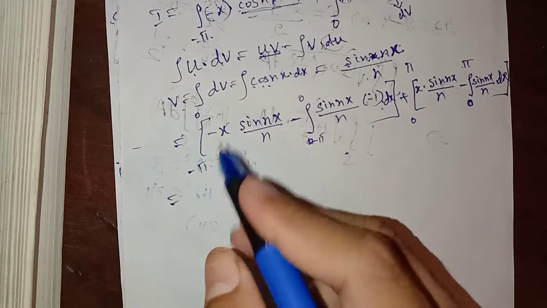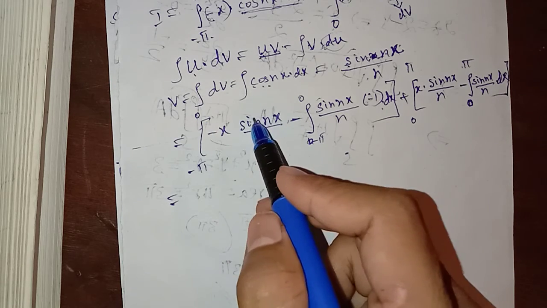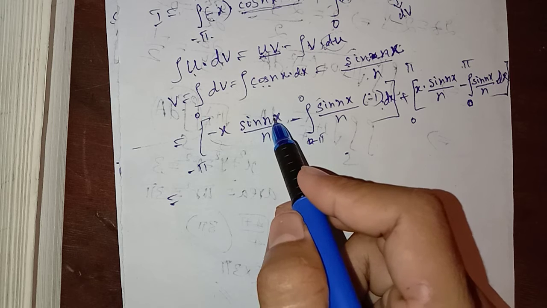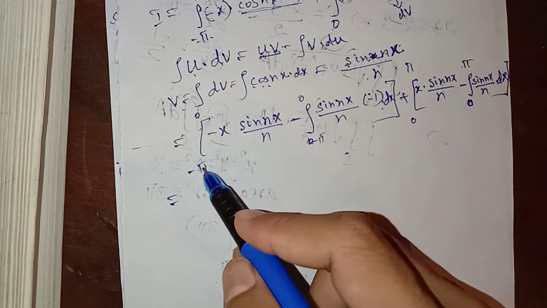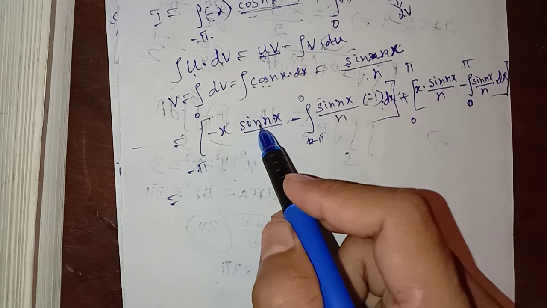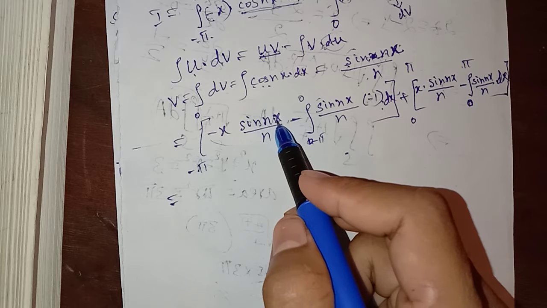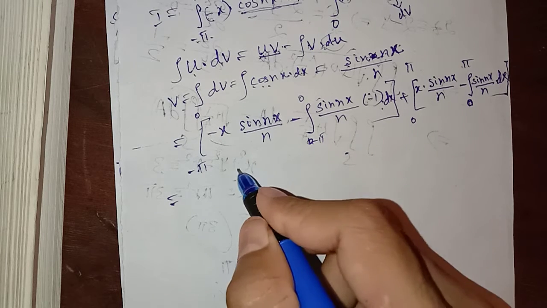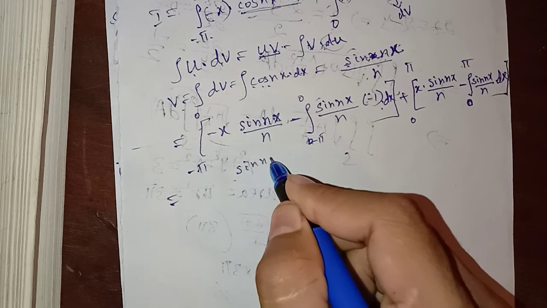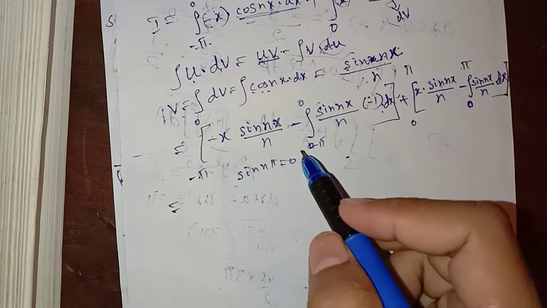Now if we apply the limits 0 and minus pi to the first term, sin 0 gives 0 and sin n pi is always 0, so this term becomes 0.